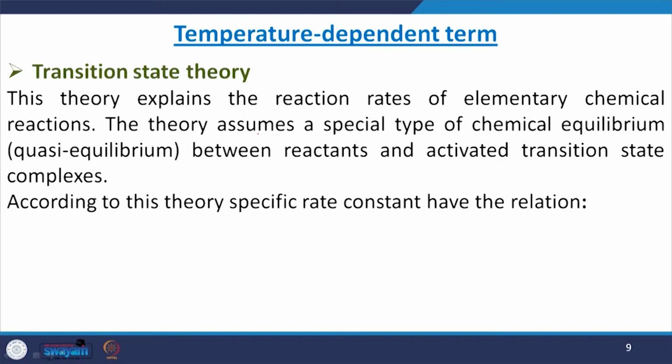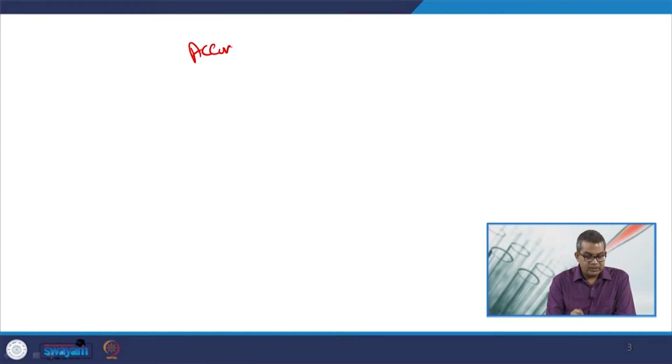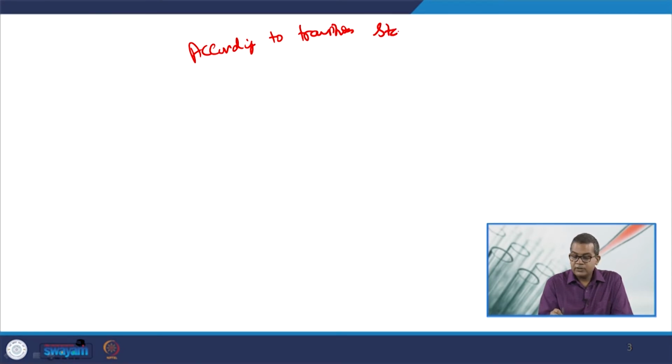According to this theory, the specific rate constant has a relation like this. Now let us have a look at this relationship for transition state theory.